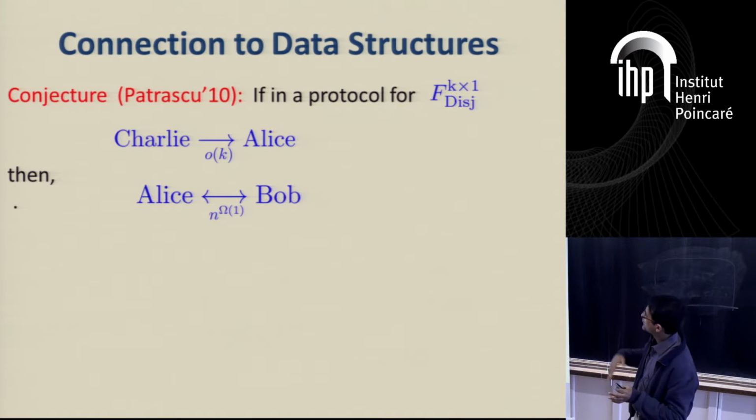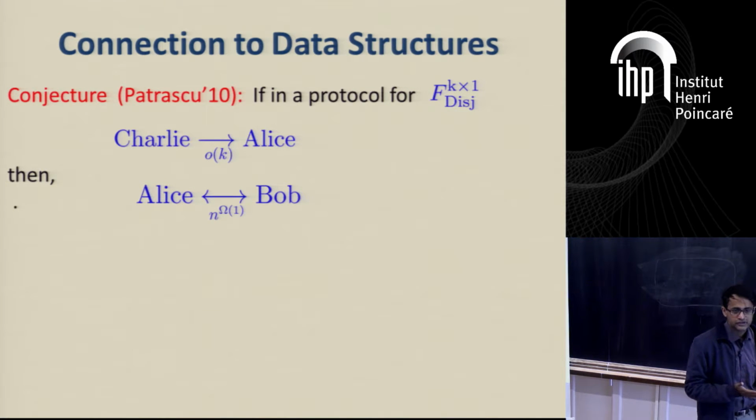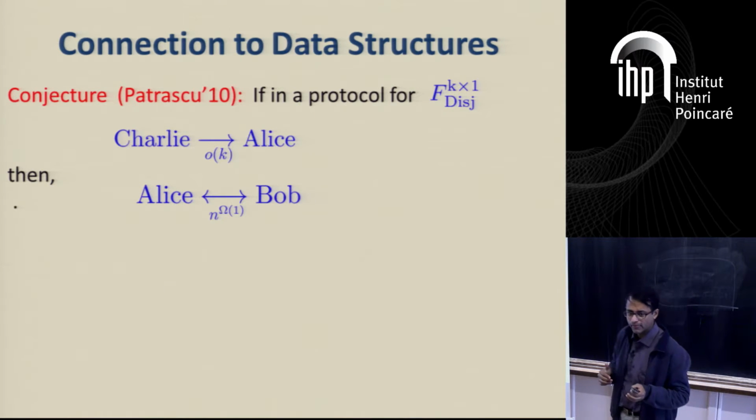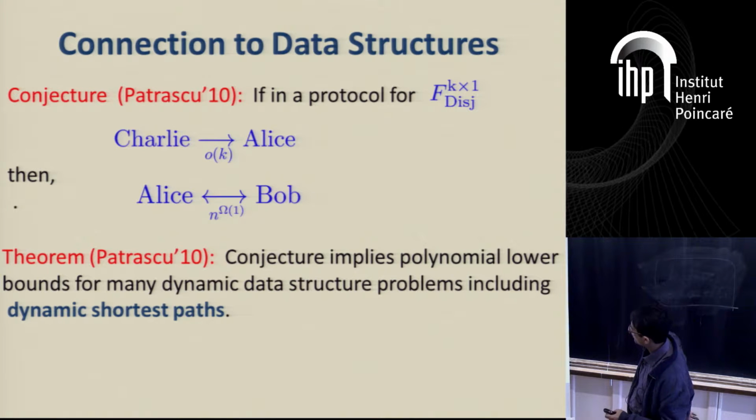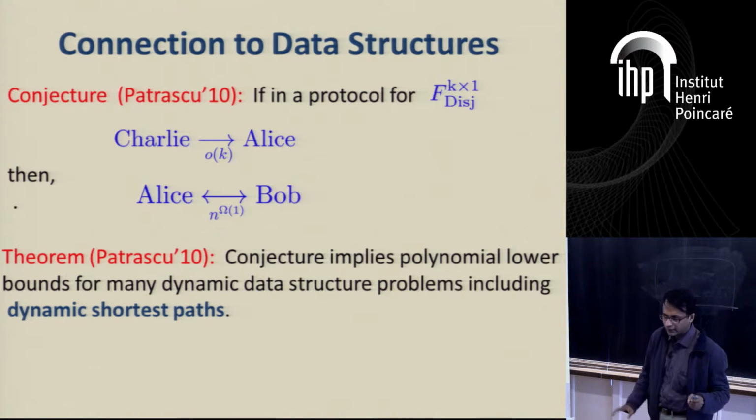Okay? And if this conjecture is true, then there does not exist any efficient data structure for solving the dynamic shortest path problem. Right? So that's the connection. So, this is formally what I wrote down. Okay? Any question at this point?